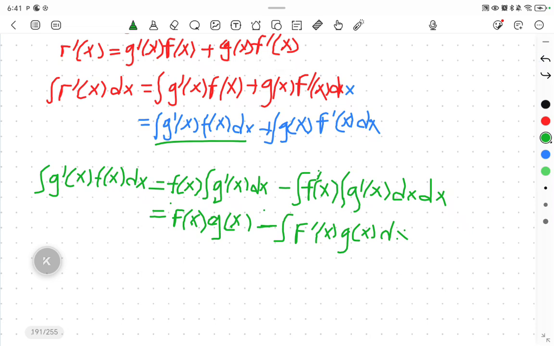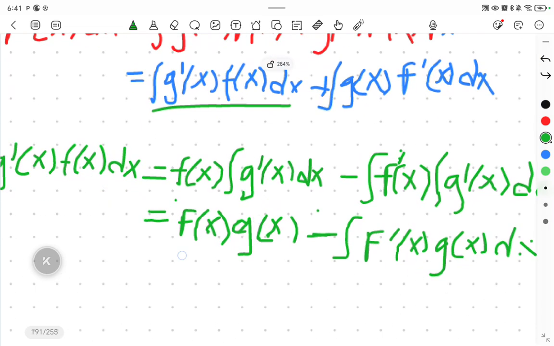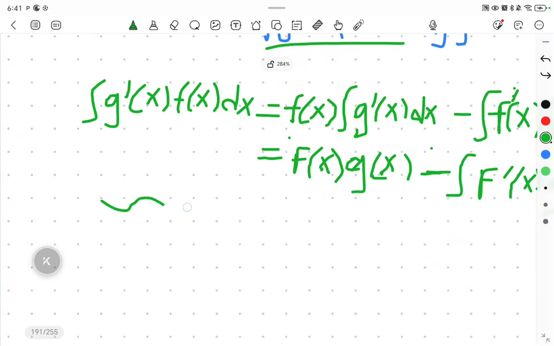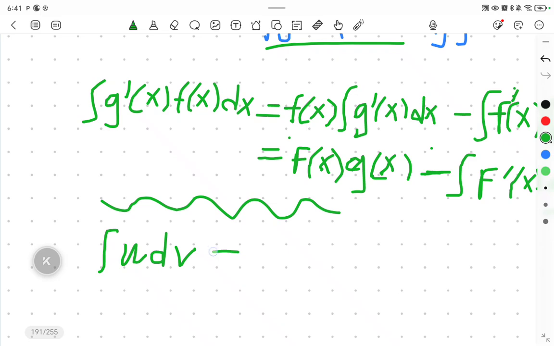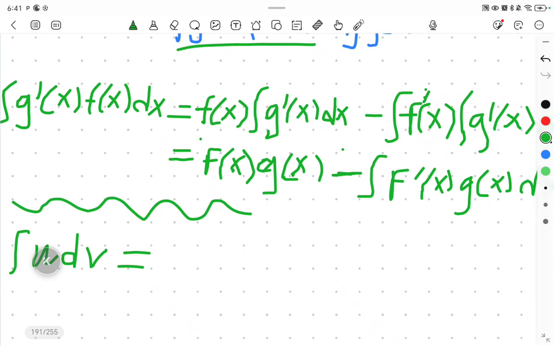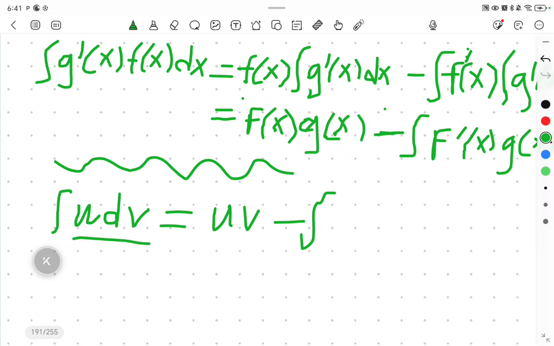So this is like saying this. There's that method also of saying the integral of u dv is equal to uv minus the integral of v du.